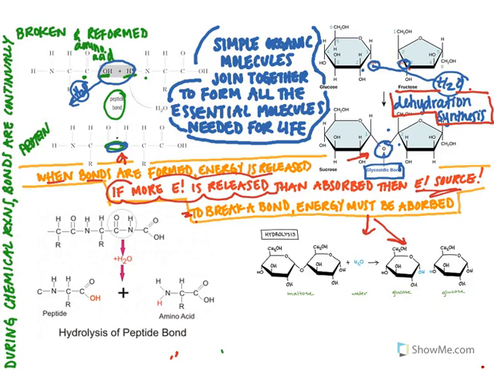So, okay, anyways, how do we break a bond now? It is what we just talked about, dehydration synthesis, backwards. So instead of dehydrating it to bond it together, you are adding water to cut it apart. Water is hydro, cutting something is lysis.